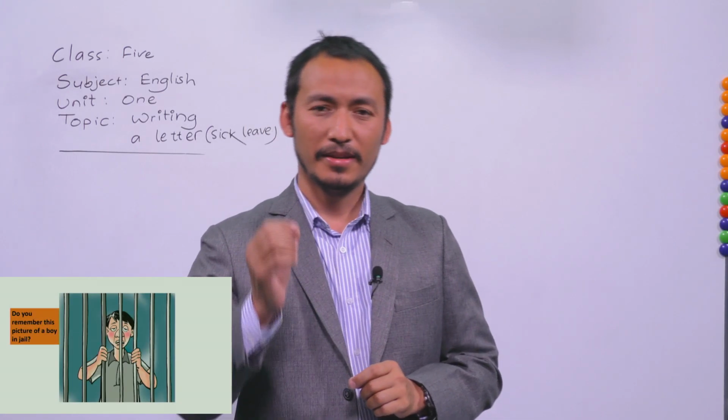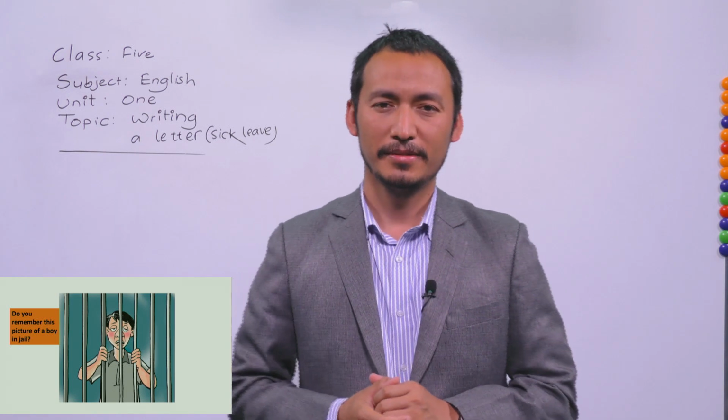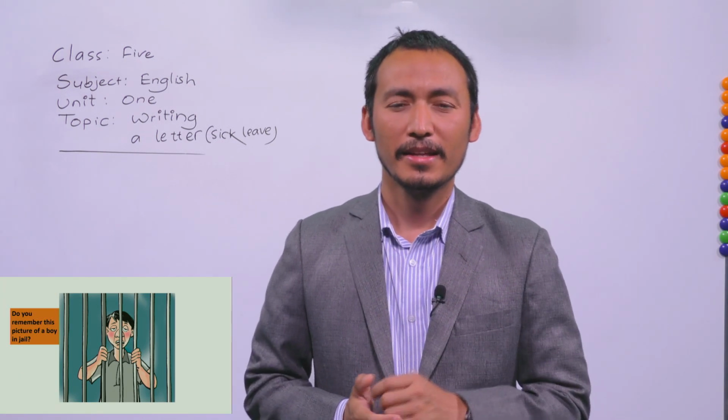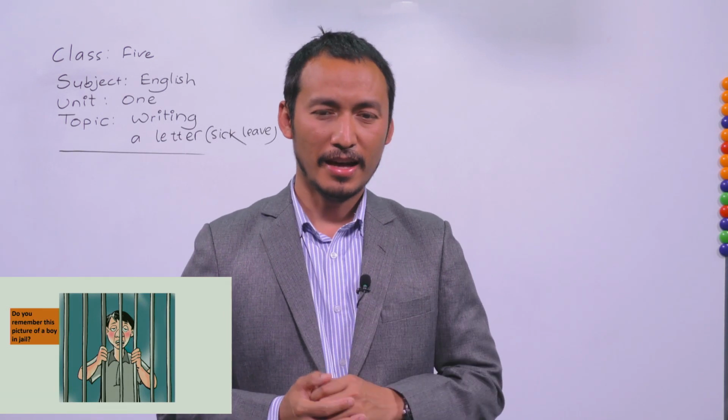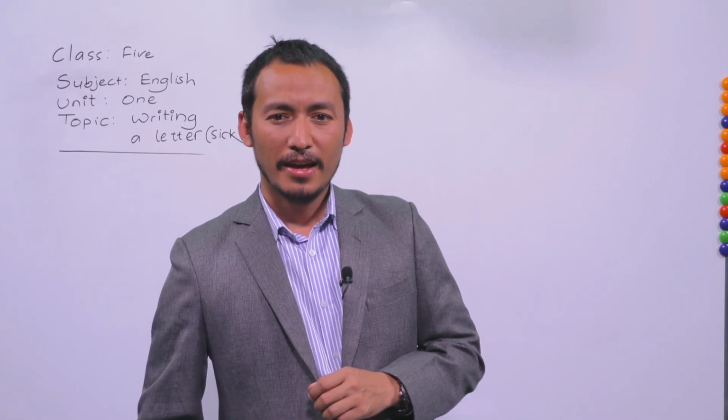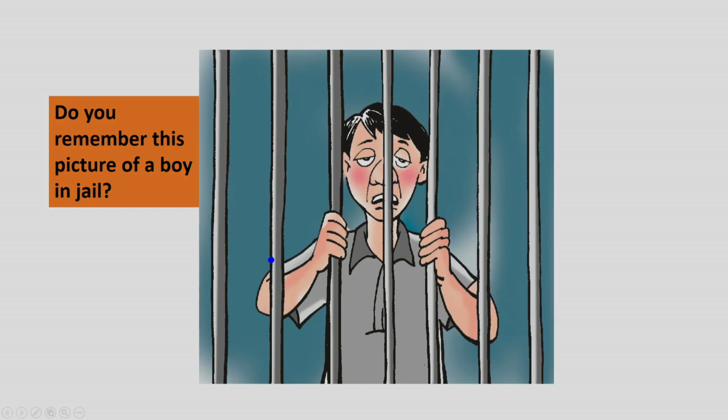There was a boy and an old man. The boy was put into a jail, and the boy's father was a very old man, so he could not walk very well.